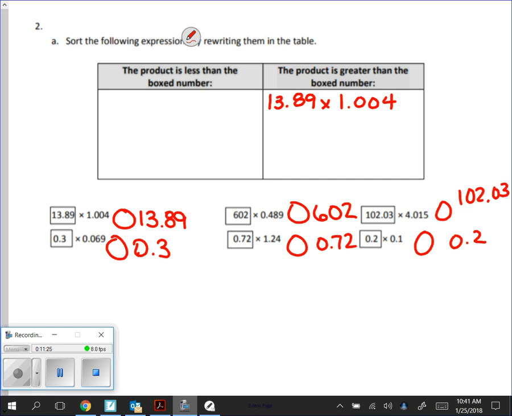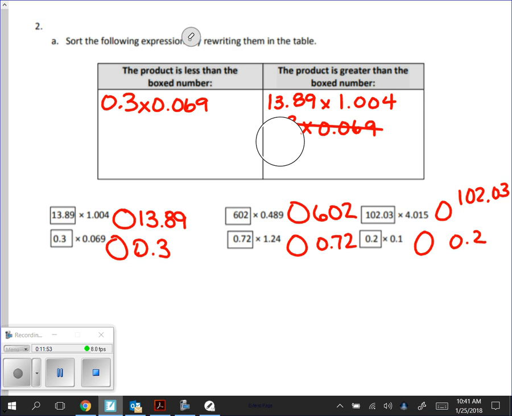Okay, so this one, 3/10 times 69 thousandths should be over here. Oh wait, I'm sorry, I wasn't looking up. 3/10 times 69 thousandths should be over here because 69 thousandths is less than 1.